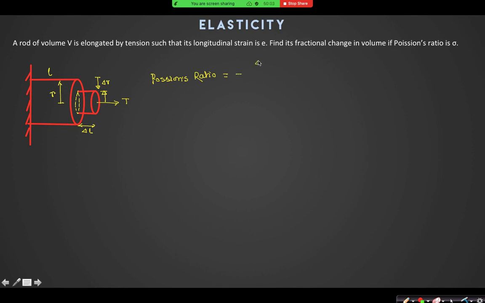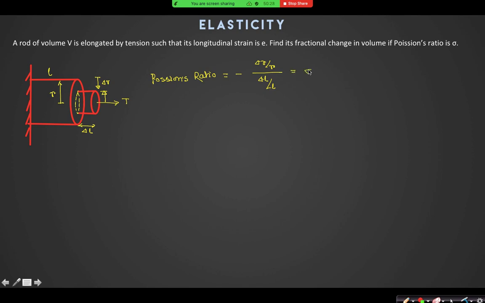Lateral strain is delta R by R divided by longitudinal strain is delta L by L. Why have I taken a negative sign? Because delta R decreases if delta L increases, right? If length increases, radius will decrease because the volume remains a constant. This is the Poisson's ratio, right? And this is given as sigma.